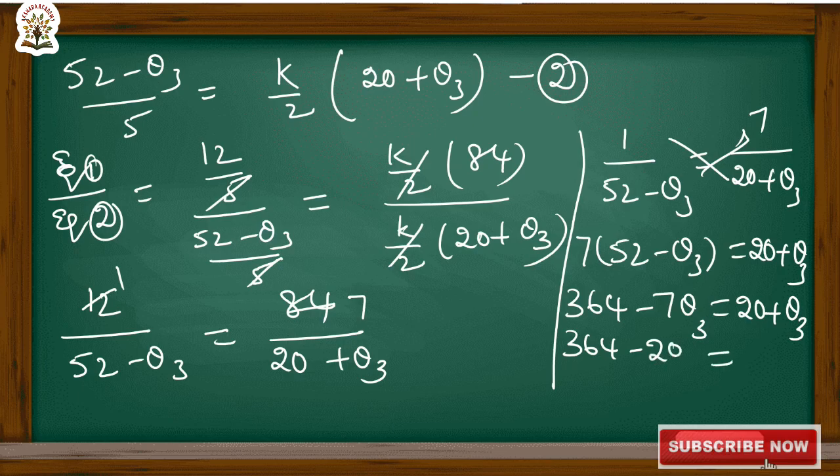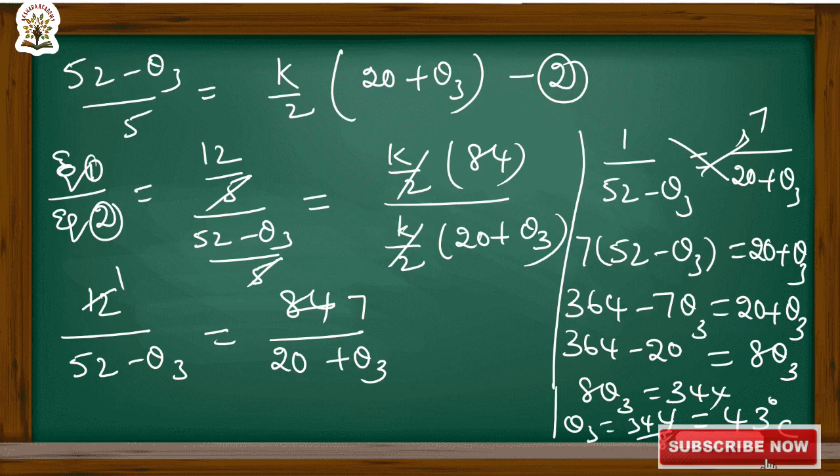7 theta 3 plus theta 3, 8 theta 3. So at last, 8 theta 3 is equal to 344. That is, theta 3 is equal to 344 by 8. That is equal to 8 4s are 32, 8 3s are 24.